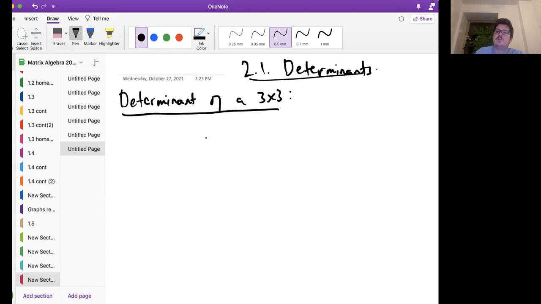Okay, can someone remind me, how do you know? Oh, let's think about 2×2. What does the determinant of a 2×2 mean? What does it mean? First of all, what is a determinant?